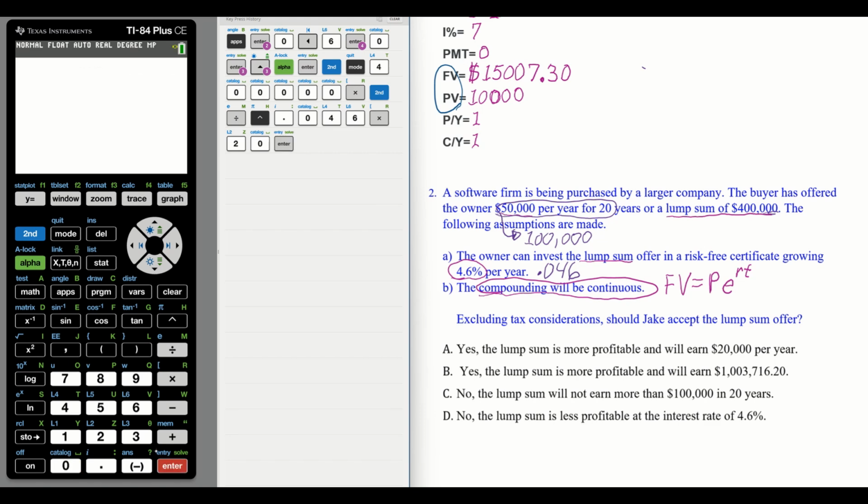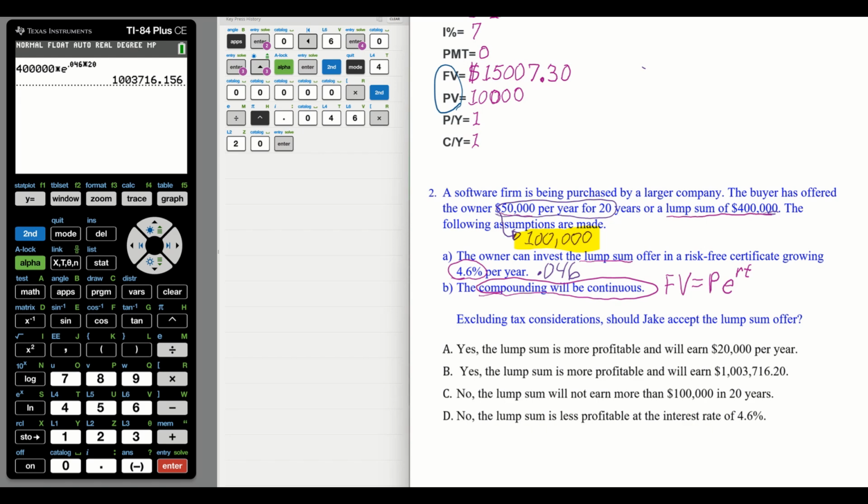And that should get what we need. Push enter. It gives us something to look at. So what that's saying is that after 20 years, that's how much money we would have. And now we go and compare. That is definitely more than this $100,000. Definitely more.